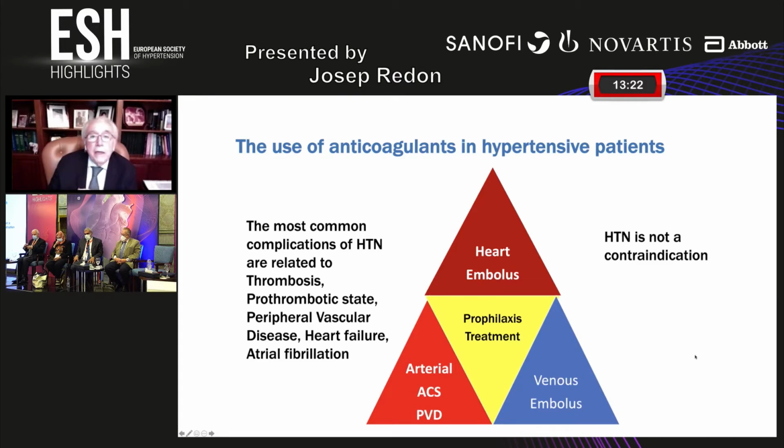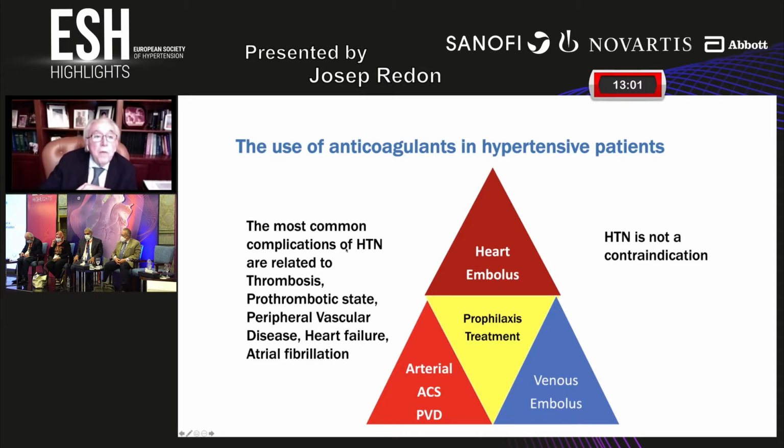The majority of subjects who are going to receive anticoagulants are hypertensive, because they are usually a little bit aged people with a lot of pathologies, such as venous disease, embolus from the heart, and arterial lesions.